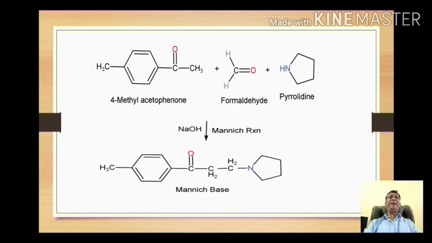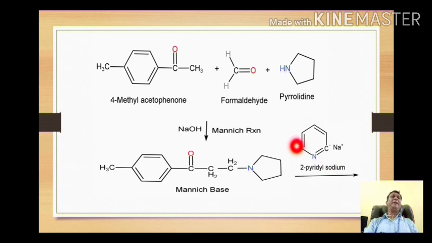So the Mannich base in the next step react with this compound which is called as 2-pyridyl sodium. The sodium gives the electron onto the second position, due to which this carbon will acquire the negative charge.